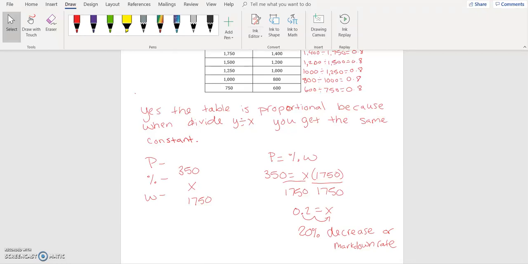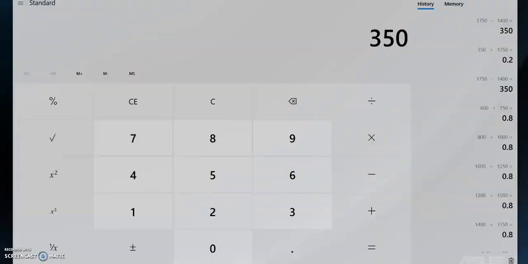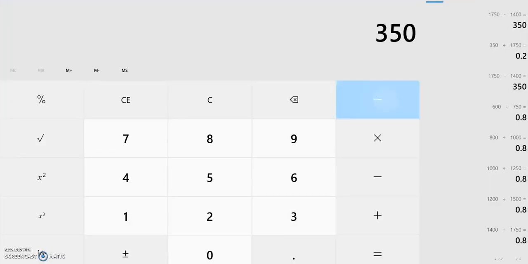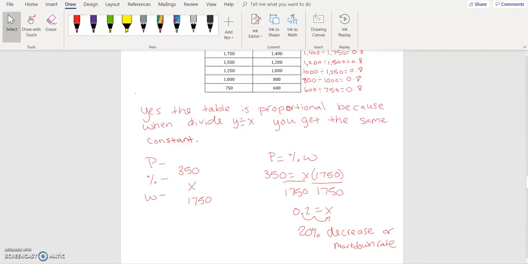So we divide both sides by 1,750. 350 divided by 1750 is what gave me the 0.2. And we were looking for a percent, so we moved that decimal 2 places to the right. So it was a 20% decrease or 20% markdown rate. We were looking for markdown rate when we're dealing with money. That's more of what we're dealing with, our markdown rate, not our decrease.